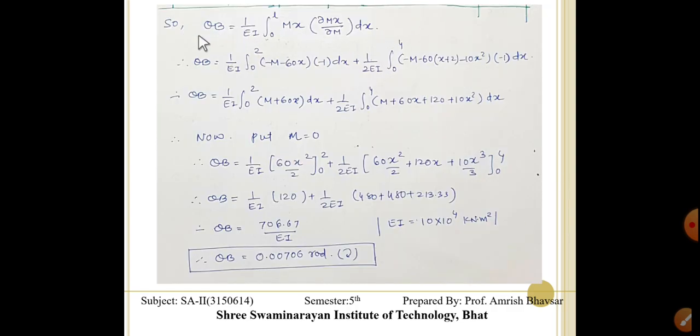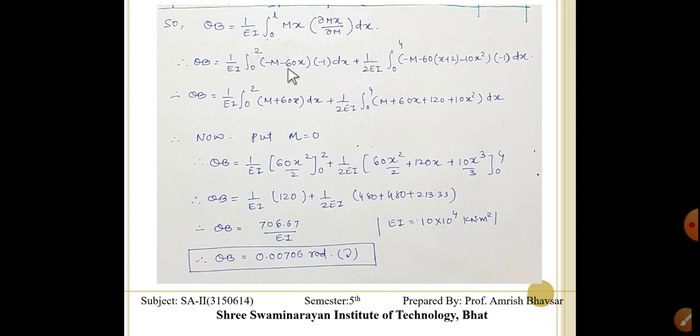The rotation theta B is equal to 1 upon EI integration 0 to 2 of minus M minus 60x into minus 1 dx, plus 1 upon 2 EI integration 0 to 4 of minus M minus 60 into x plus 2 minus 10x square into minus 1.